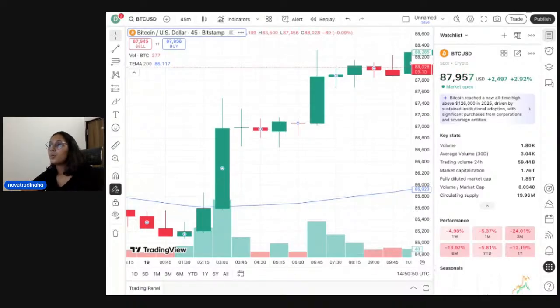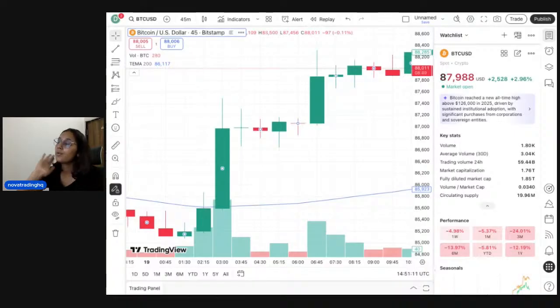So what does that tell us? Buyers stepped in with urgency, and the sellers could not trade against that move. The candle broke the prior balance. This is the trend start candle, so everything after this must be judged relative to it. That's something we need to keep in mind.